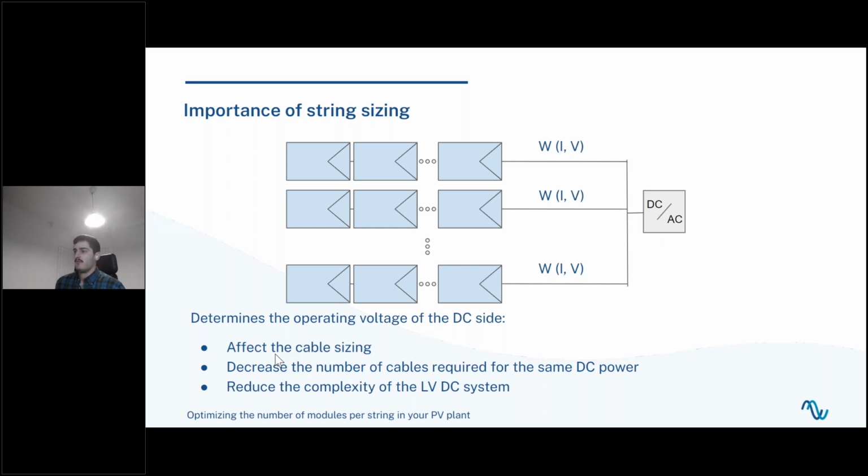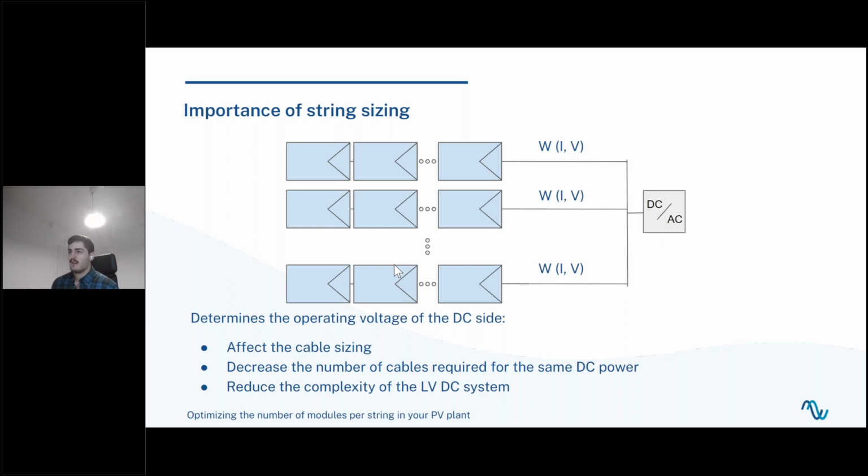Also, if we want to have a certain DC power for one inverter, if we increase the number of modules that we connect in series for one string, we will also be increasing the power that is related to that string. That means that we will need fewer strings for the inverter, and so we will be decreasing the number of cables that are required for the same DC power.